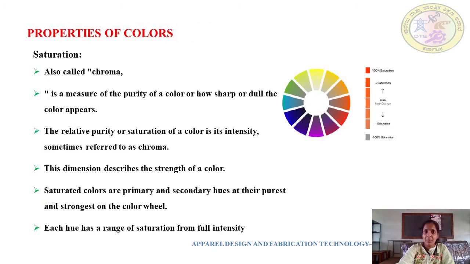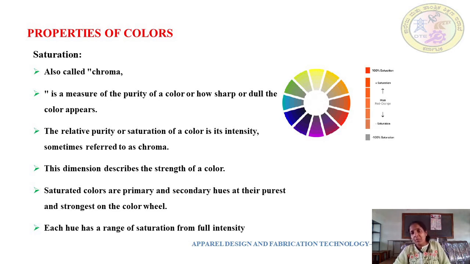Now next is saturation. Saturation is also called chroma, or chrome, however we can pronounce it. It measures the purity of color, or how sharp or dull the color appears.